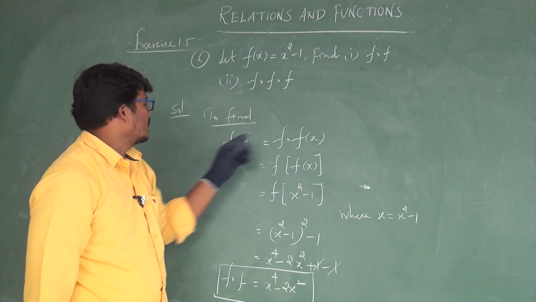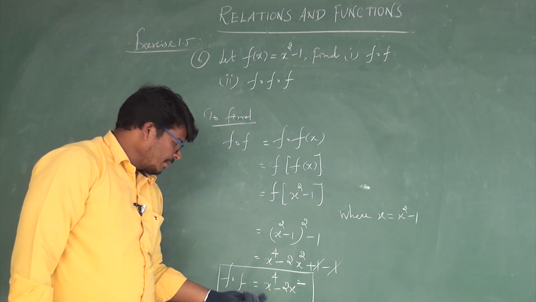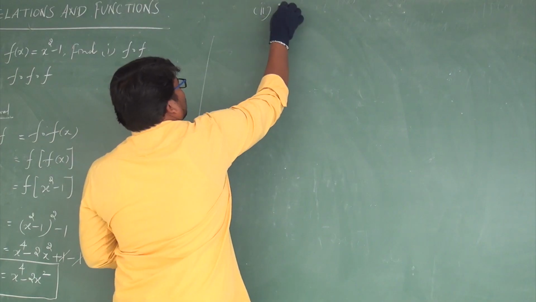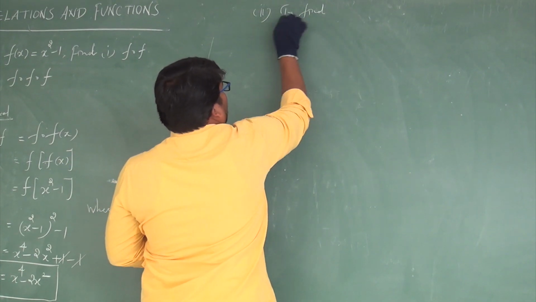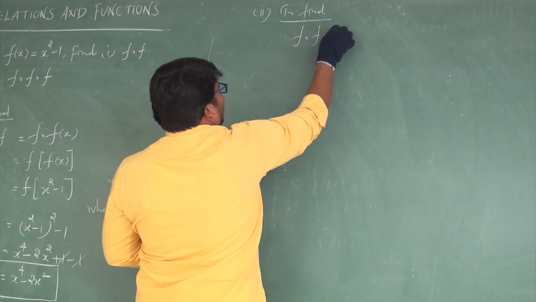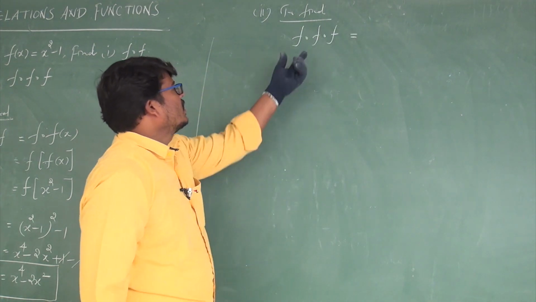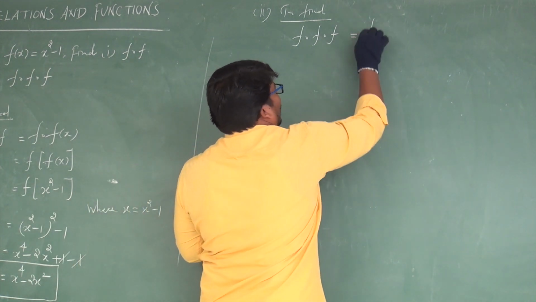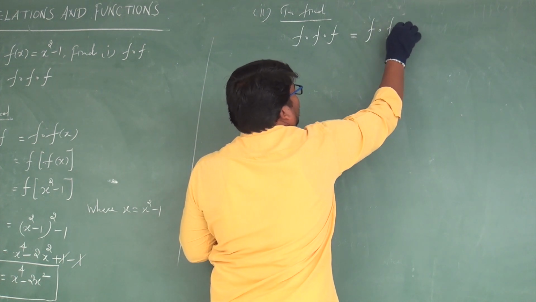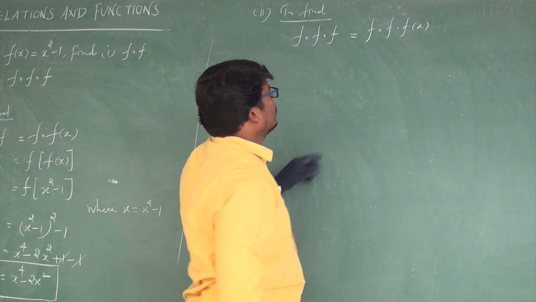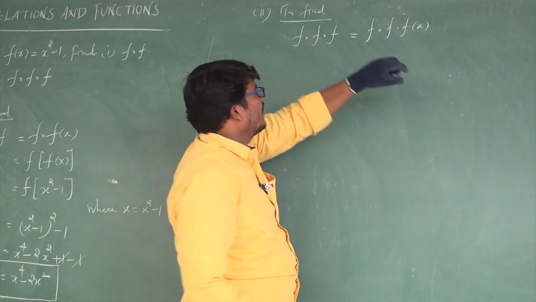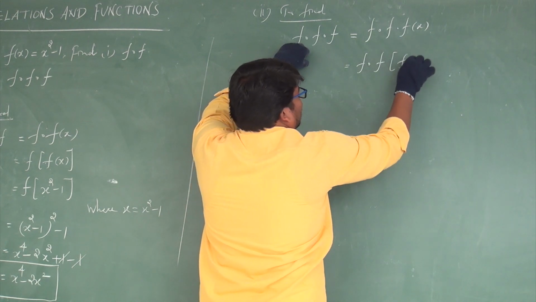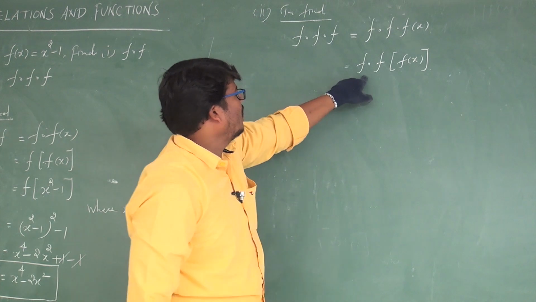That is the first one over. First one is f dot of f equal to x power 4 minus 2x square. And the second one is to find f dot of f of x.